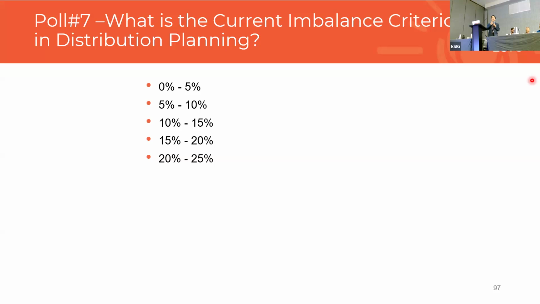Different utilities have different criteria for imbalance, and for different circuits, your grid imbalance is also different. So my first question here is, what is the current imbalance criterion in your distribution planning, if you know it?